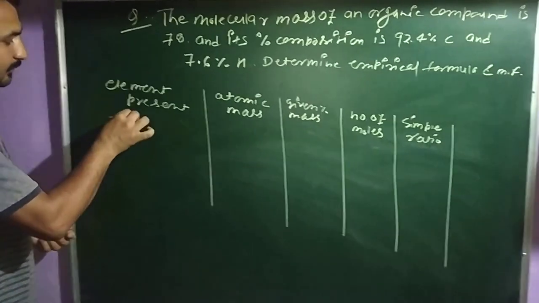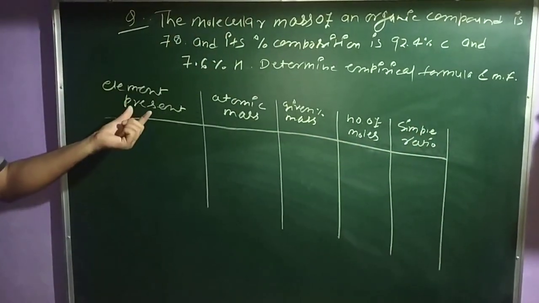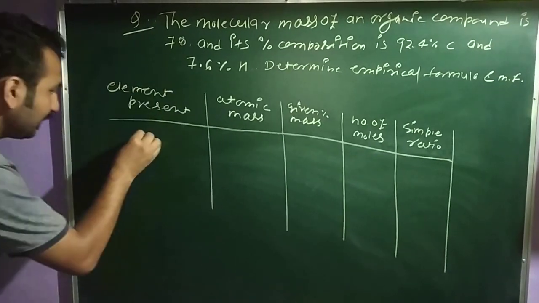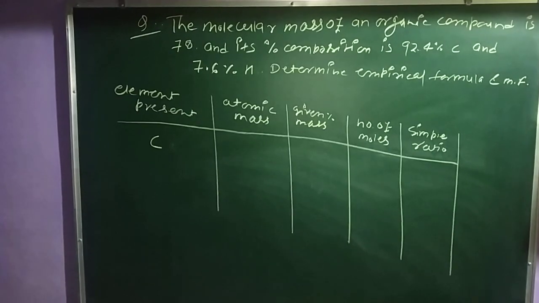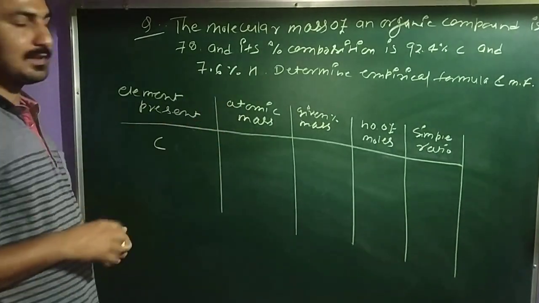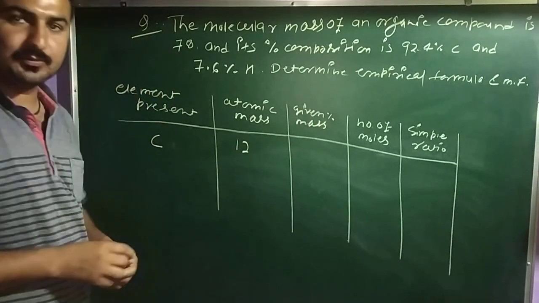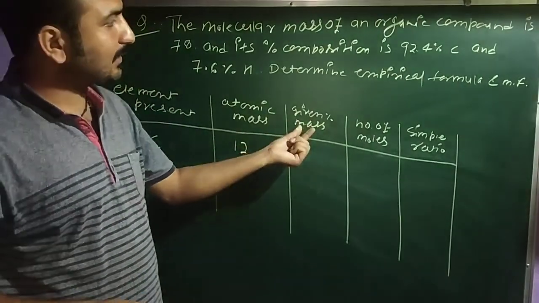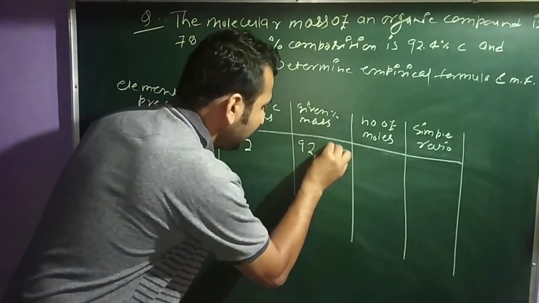So see here, you have only two elements present. The first, we have carbon. Clear? What is the mass of carbon? 12. We all know the 12. And the given percentage of carbon is 92.4.